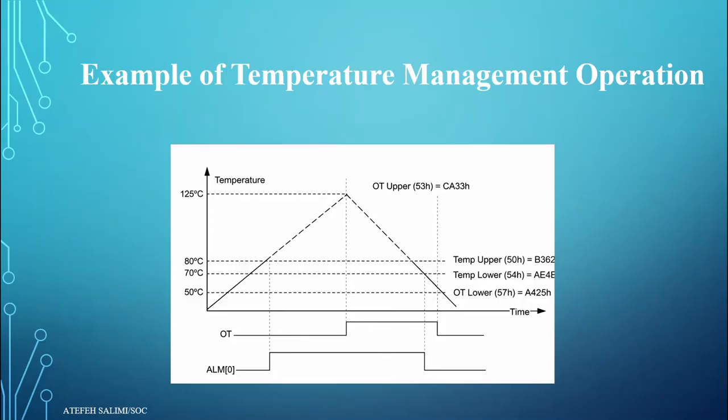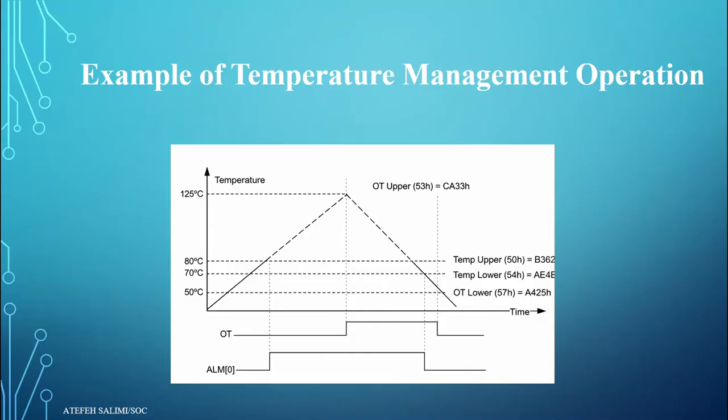And again, during the cooling phase, when the temperature falls below the temp lower threshold, the ALM0 signal is deasserted, which means that it goes from 1 to 0, and the interrupt is cleared.